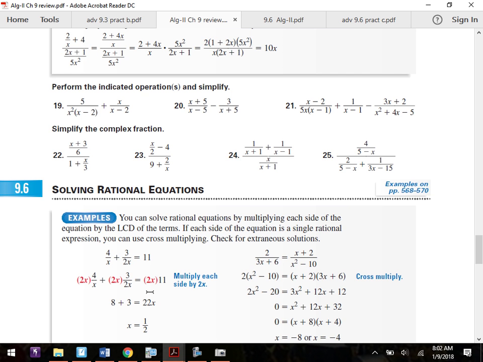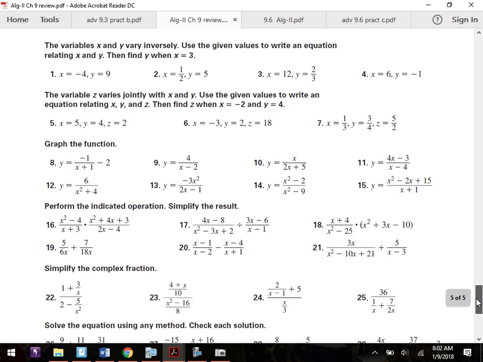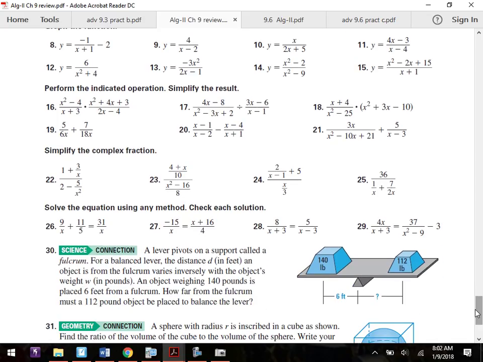Now, the rest of these problems that were thrown in on this part here, these were all fairly straightforward. I don't think even the solving ones were all that bad. Which one would you like to do? Which one? 29? Sure. 256.